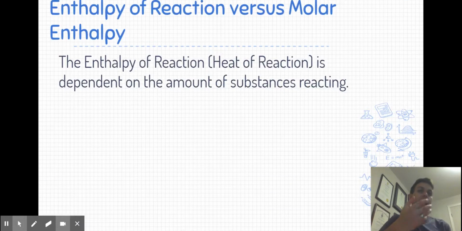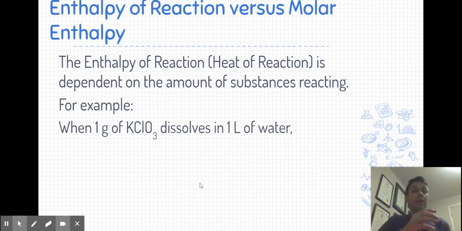The enthalpy of reaction, or as we commonly refer to it, the heat of reaction, is dependent on the amount of substance reacting. So for example, if we have 1 gram of potassium chlorate dissolving in a liter of water, its delta H, or heat of reaction, will be positive 0.19 kilojoules.